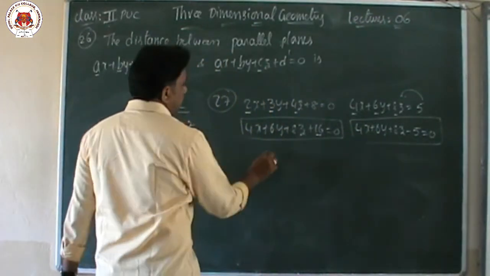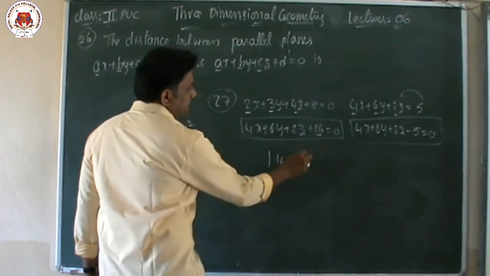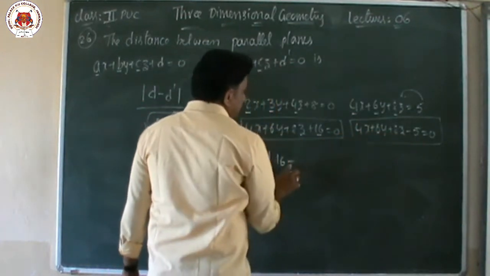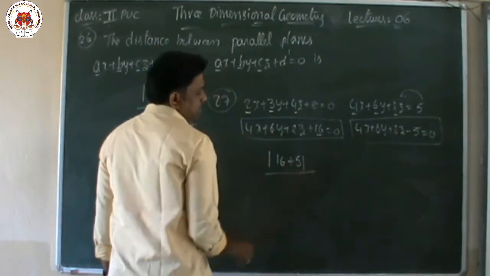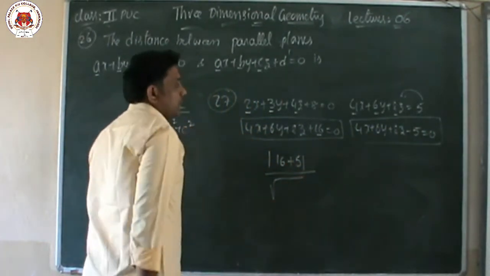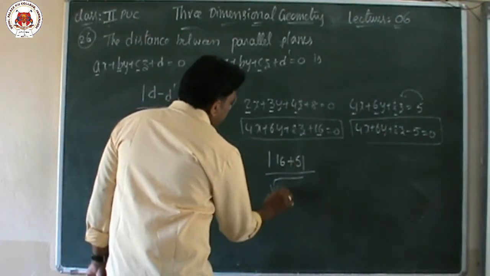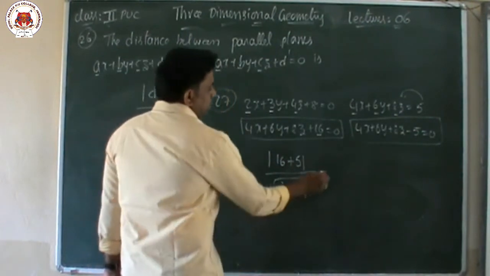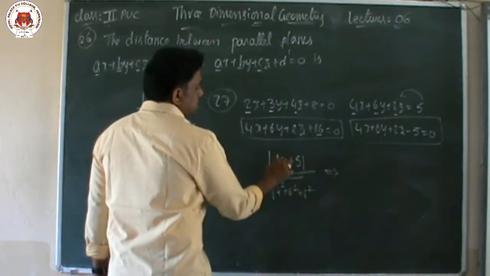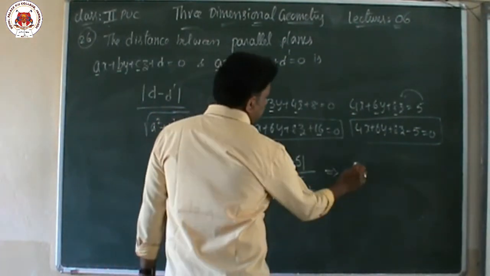Now we will use the formula. Take the modulus of D minus D'. Here one constant is 16 and the other is minus 5, so minus of minus is nothing but plus. So 16 plus 5 is 21, by the square root of A squared plus B squared plus C squared. Here A is 4 squared, B is 6 squared, and C is 8 squared.